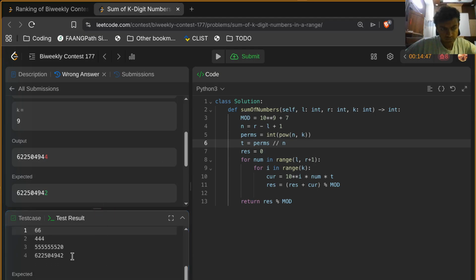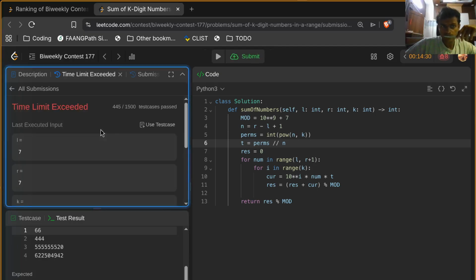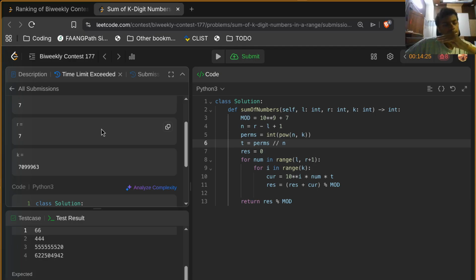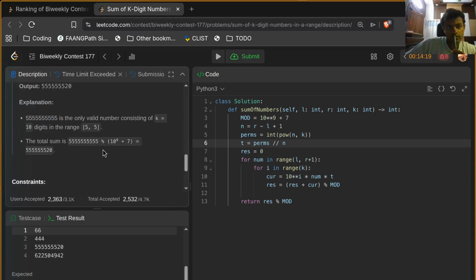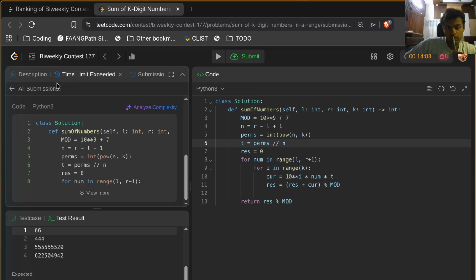Okay, so time limit exceeded. K can be up to, wait, the number of digits itself can be 10 power 9. Right, that's huge.